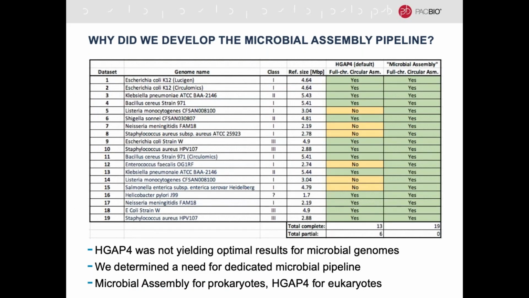However, we have also noticed that it doesn't always perfectly assemble these small circular chromosomes with the default parameters. So we thought, well, maybe we can build something better and also add in some new features. So we built Microbial Assembly, which is intended to assemble small prokaryotic genomes, and we're really focusing HGAP4 now for larger eukaryotic genomes.